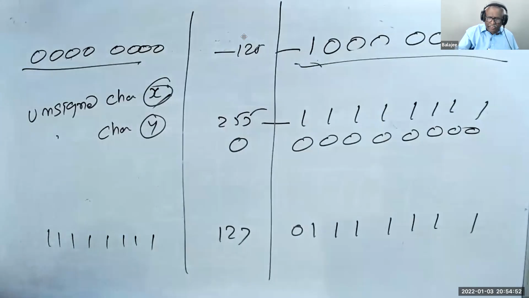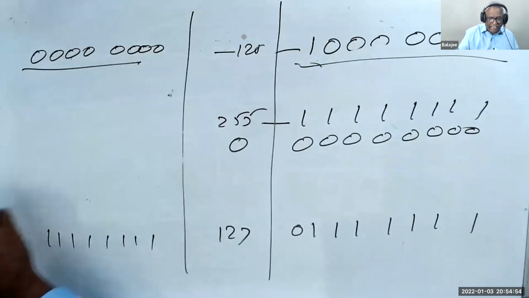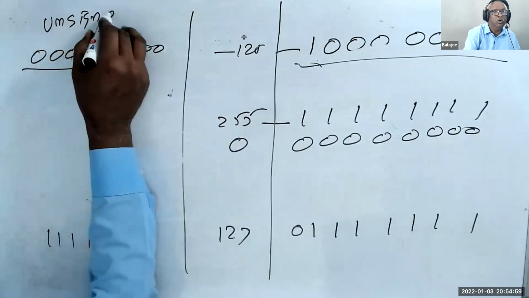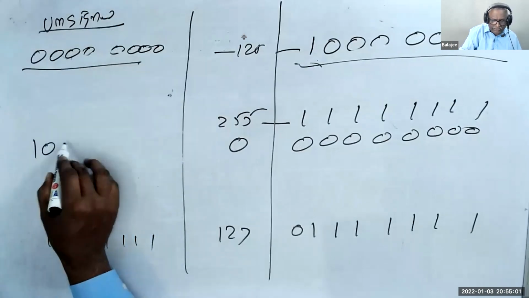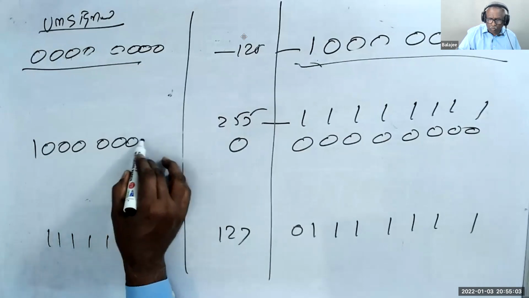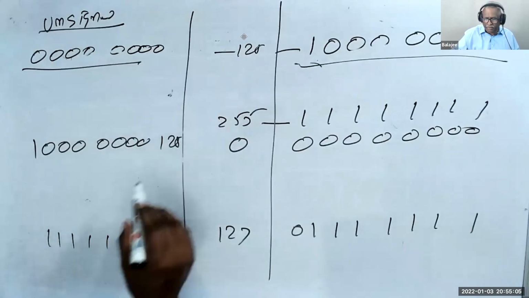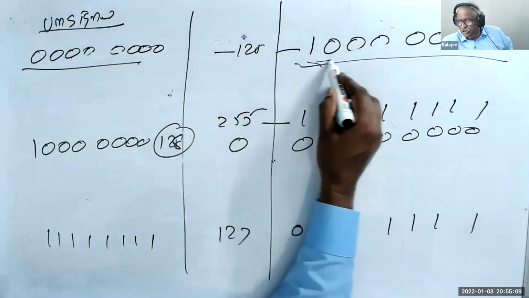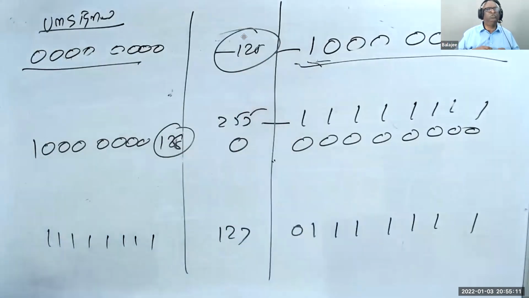But very unfortunately, in the case of unsigned, 1000 0000 means 128. Am I right? In the case of signed, 1000 0000 means minus 128. I'll show you now on the program, then you will know that very clearly. If you see that, you'll be surprised to see how this works.